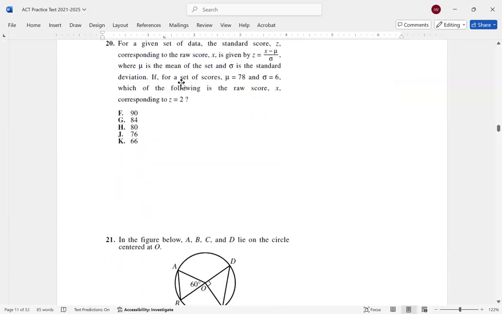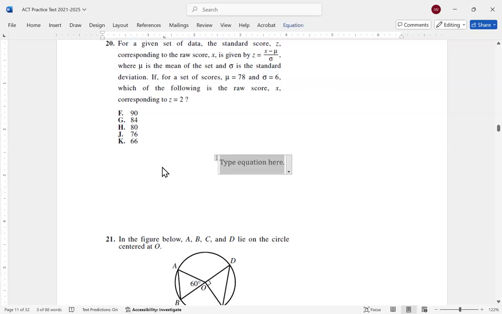Question 20. For a given set of data, the standard score Z corresponding to the raw score X is given by Z equals X minus mu over sigma, where mu is the mean of the set and sigma is the standard deviation. If for a set of scores mu equals 78 and sigma equals 6, which of the following is the raw score X corresponding to a Z value of 2?